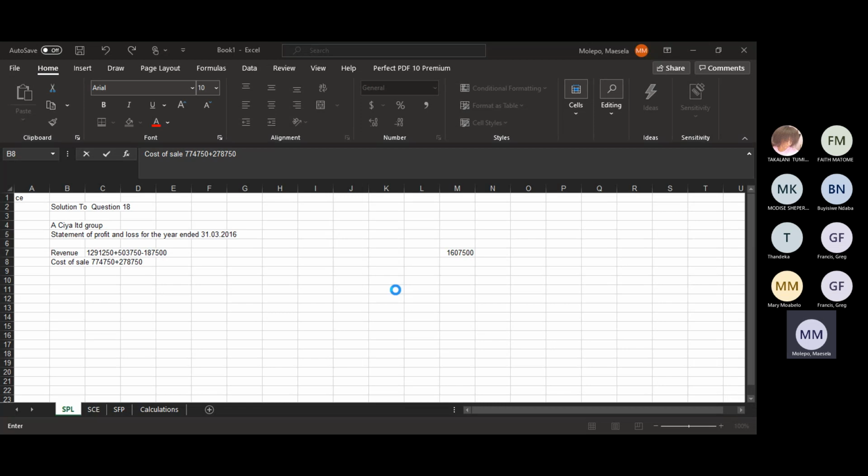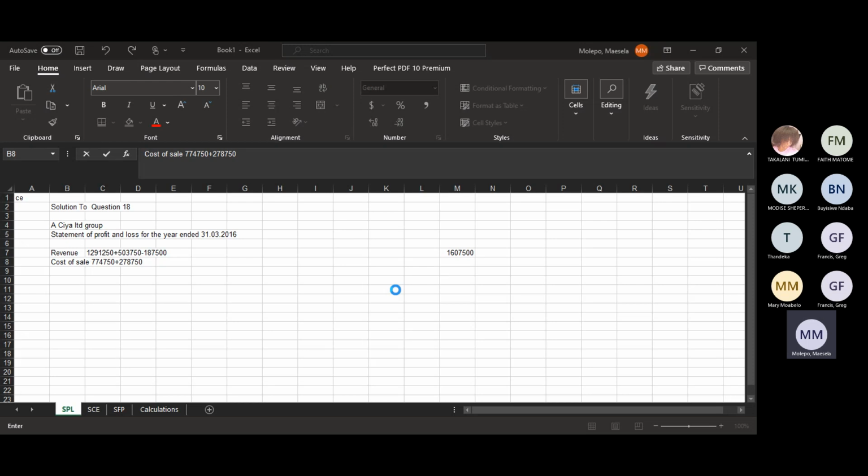And then in adjustment number 4, we were told that Hadebe purchased some of its packaging material from SIA. So SIA is selling 187,500 and Hadebe is purchasing 187,500.